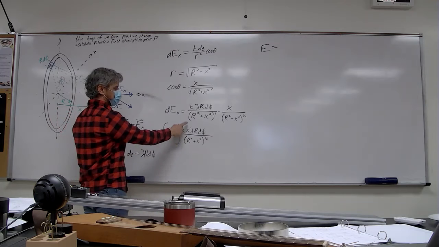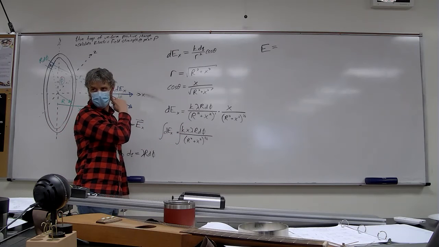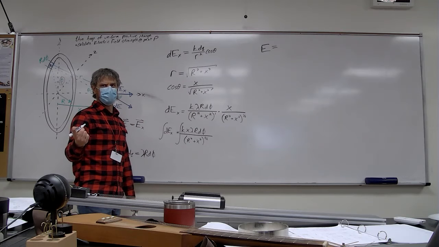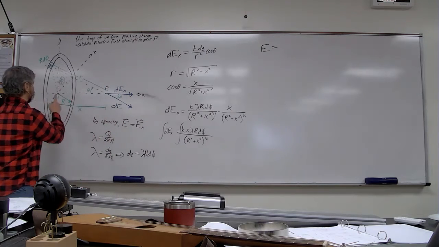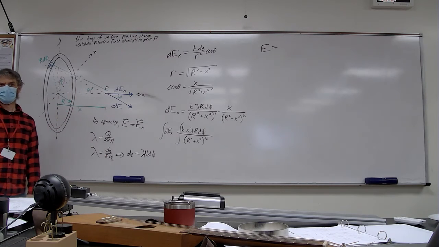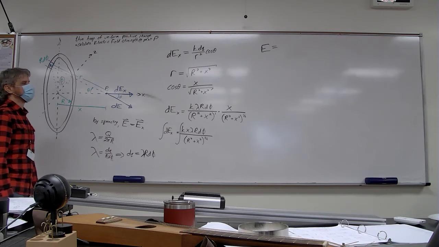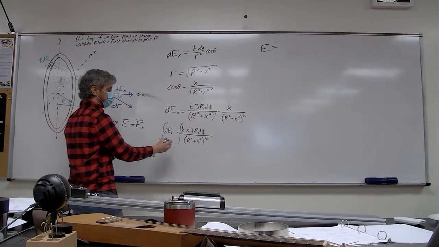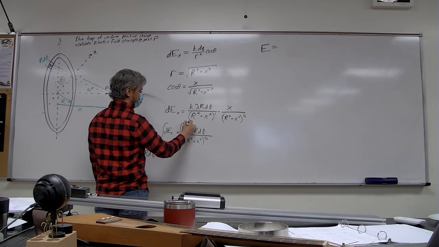So what are my limits, though? We're integrating phi from 0 to 2 pi. Yeah, exactly. We want to go all the way around the hoop, right? So our limits of integration are from 0 to 2 pi.